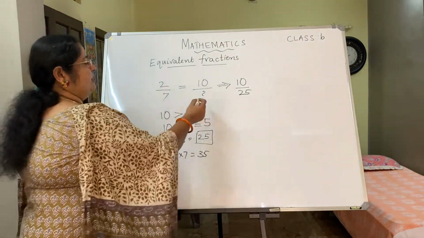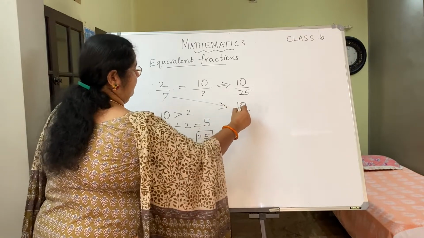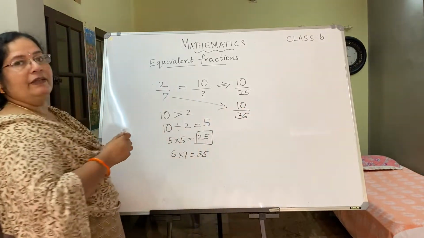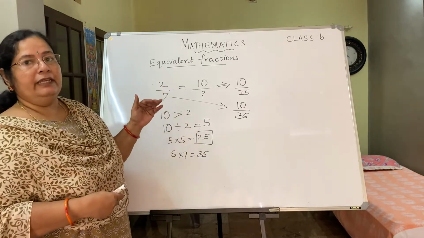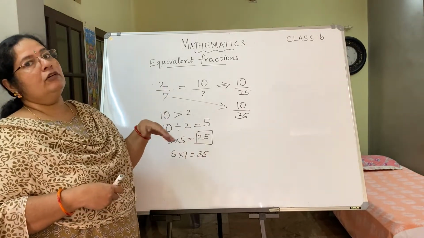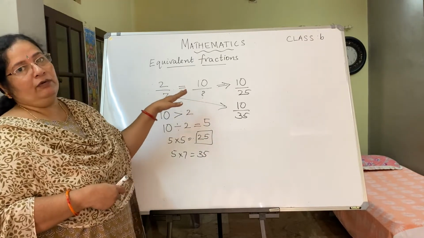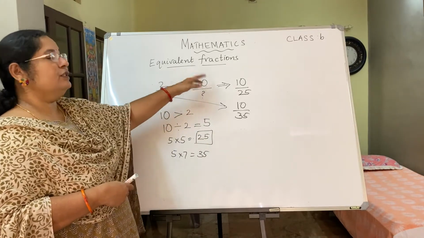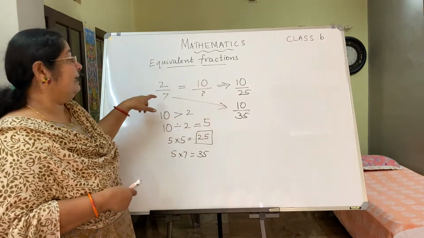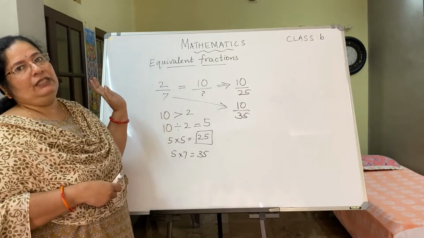So the equivalent fraction will be 10 by 35. So is it clear how to find the numerator or denominator of the equivalent fraction given either one of them? Here we are finding an equivalent fraction whose numerator and denominator are greater than the numerator and denominator of the given fraction.